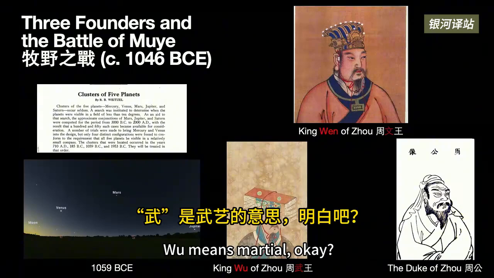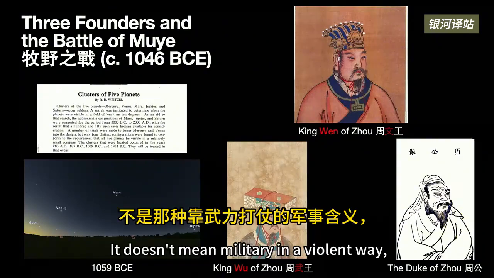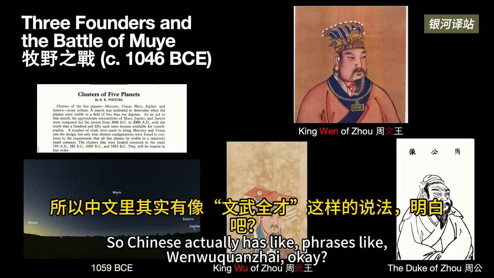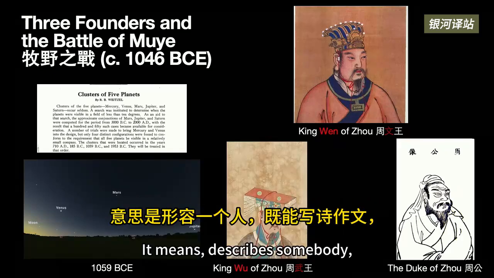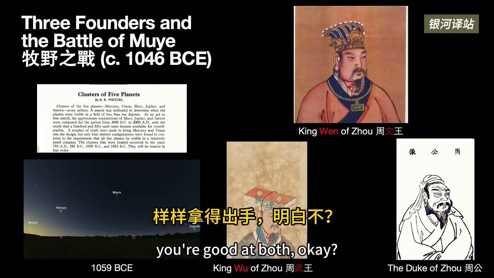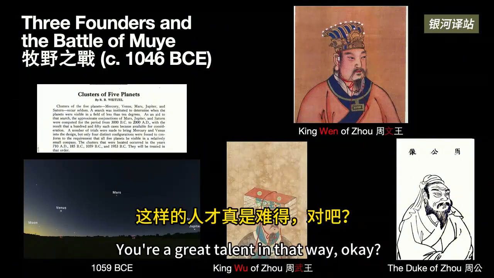Wu means martial. Okay, it doesn't mean military in a violent way. It means it in a good way. Okay, so Chinese actually has phrases like wen wu quan cai. It means to describe somebody, you're good at writing poetry. You're also good at archery. You're wen wu quan cai. You're good at both. Okay, you're a great talent in that way.